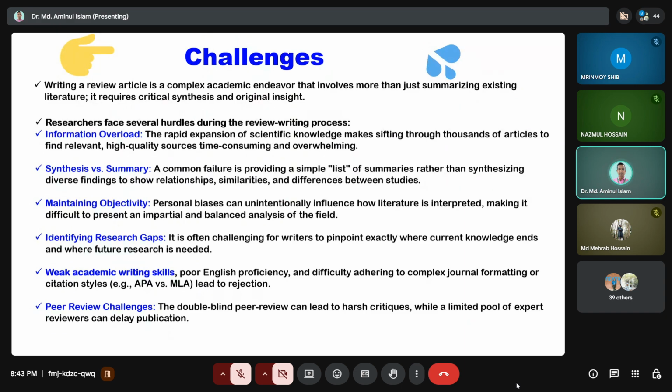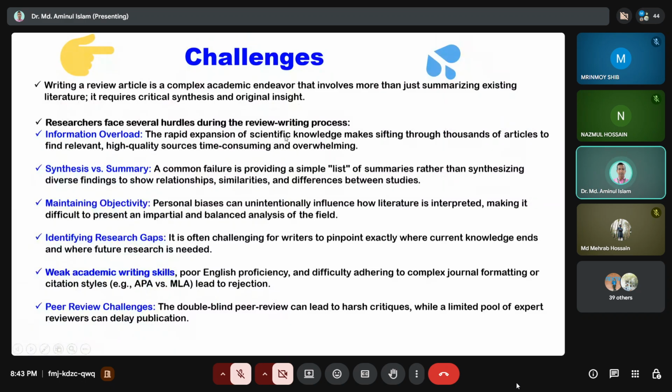That means information overload. Then it will be difficult to identify which article is relevant for you, or a high quality resource. So due to information overload, review writing has now become challenging.